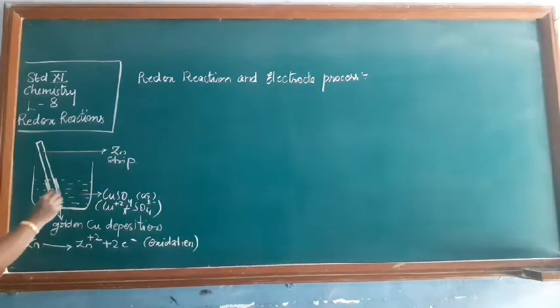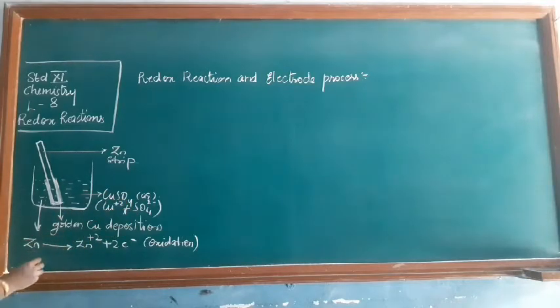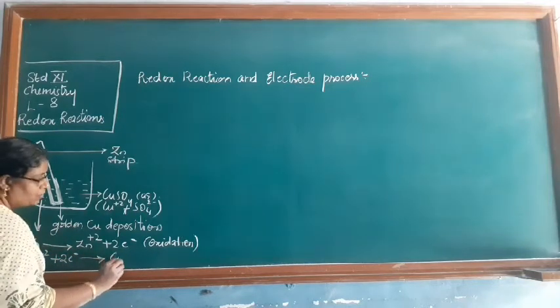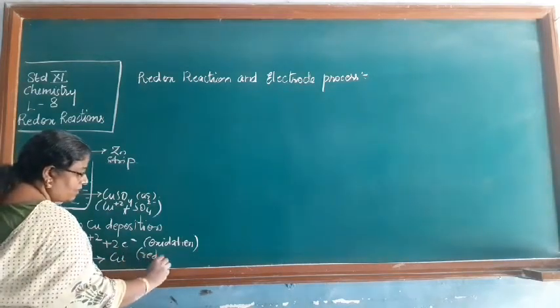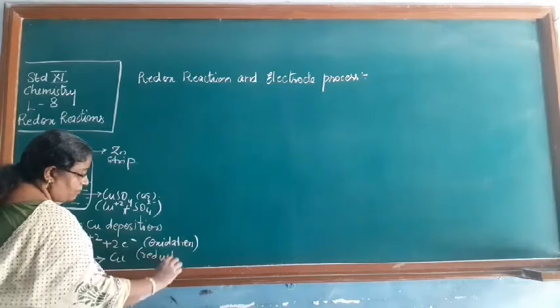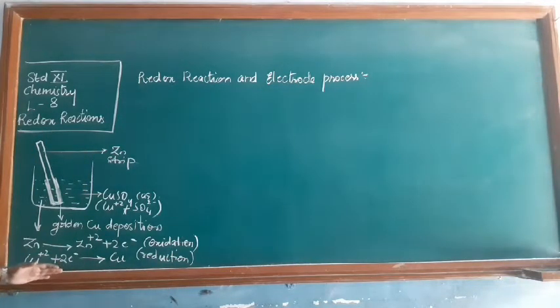Similarly, CuSO4, which is existing as Cu plus 2 and SO4 2 minus, those Cu plus 2 ions will take the 2 electrons and get to Cu. This is the reduction reaction. Now both are occurring together and they are in direct contact with each other.